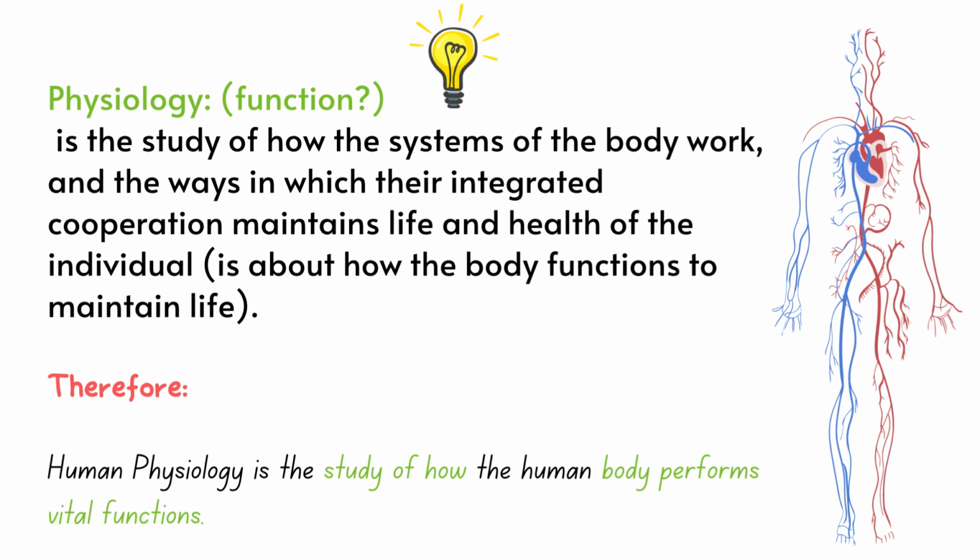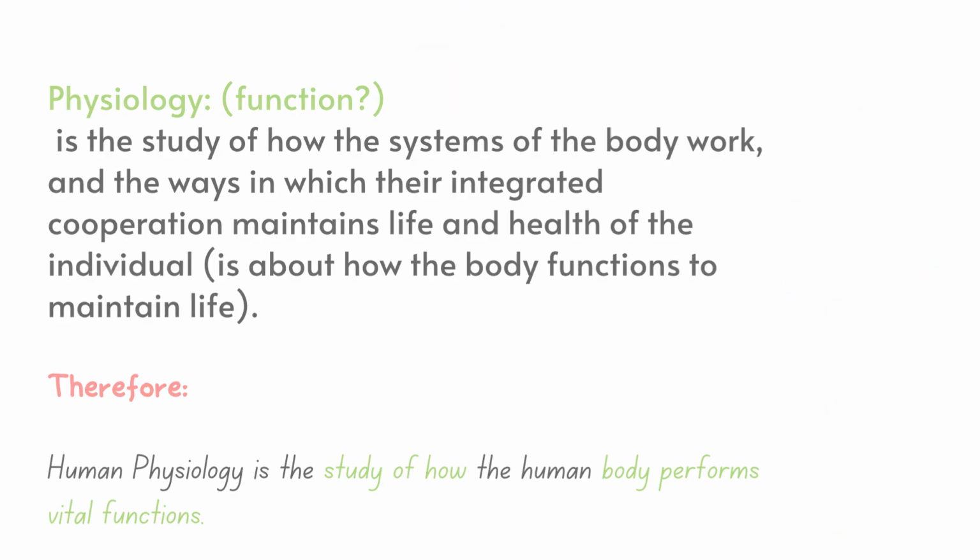Okay, so it's about how the body functions so as to achieve the main purpose of maintaining life. So how do we define human physiology? So human physiology basically is the study of how the human body performs vital functions. So you will see, look at it in this manner. Human physiology focuses on the study of how the human body structures perform their vital functions.